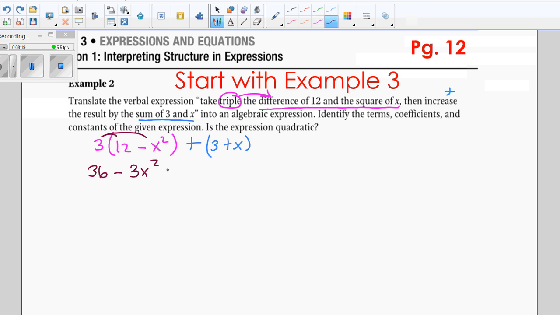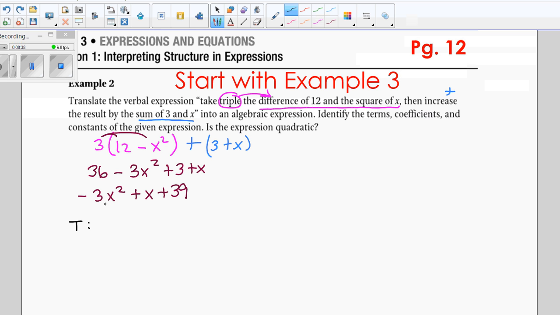Over here it's just addition, so I can drop the parentheses, 3 plus x. I should rewrite this in standard form, so negative 3x squared plus x, and 36 and 3 makes 39. And now I can go through and identify my terms.